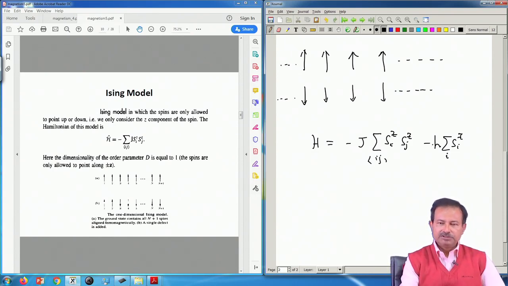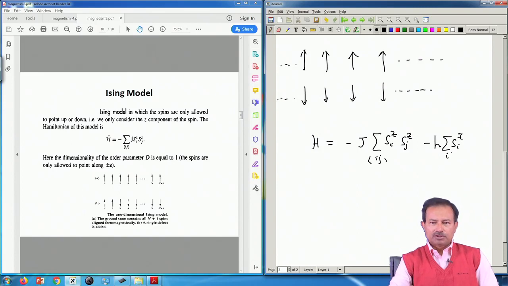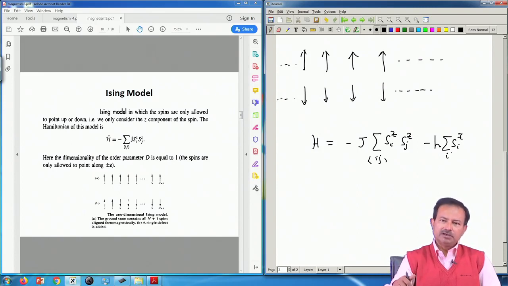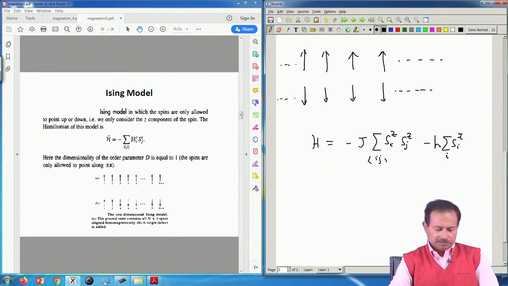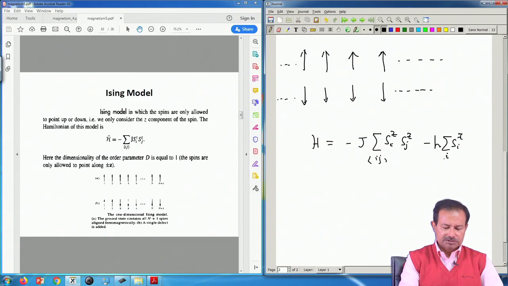All these mu_B g factors are absorbed inside the magnetic field, so that you do not have to bother with those numbers. At the end of the day, when you need the numbers, we can put them in. So this, for example, is an Ising model with a magnetic field, and one can then have an Ising model in one dimension.